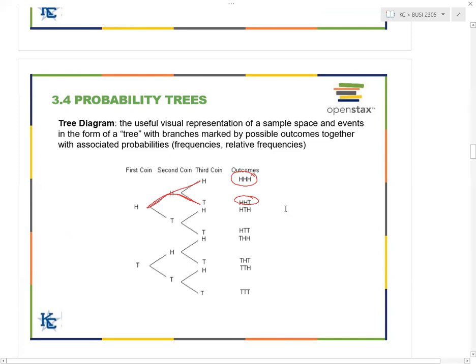And so you can see here our sample space for flipping a coin 3 times is HHH, HHT, HTH, HTT, THH, THT, TTH, and TTT. And so our sample space has 8 possible values, right? 8 possible values.